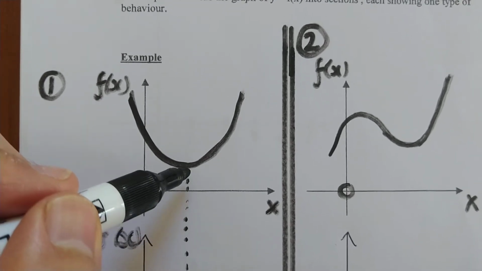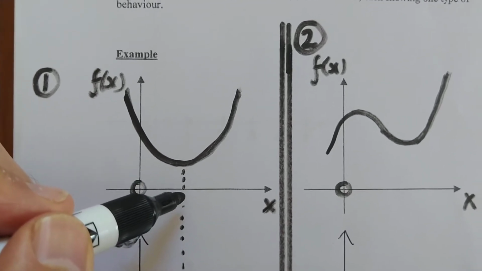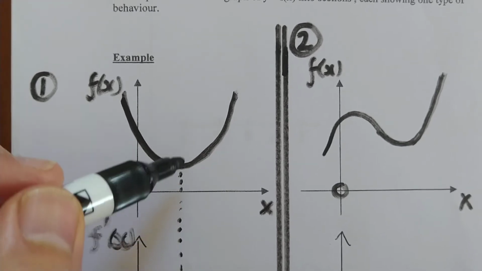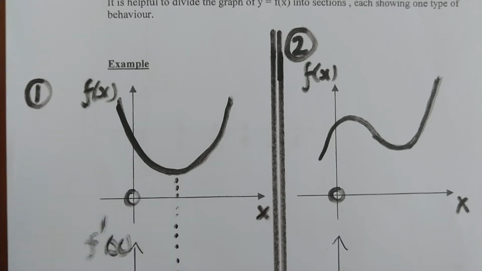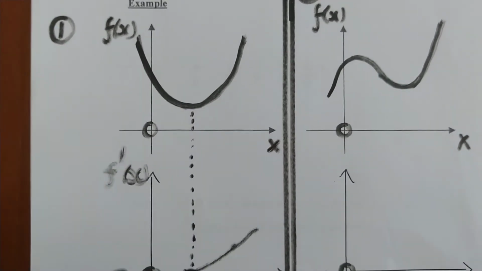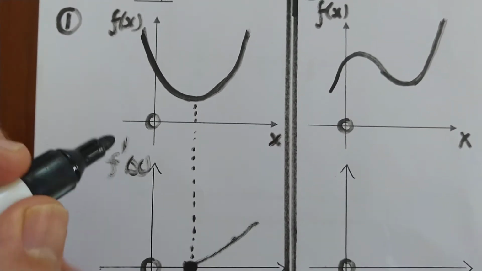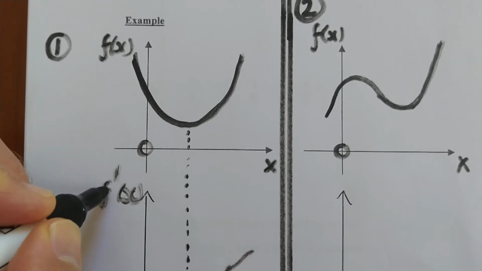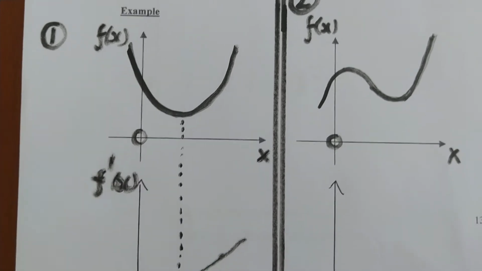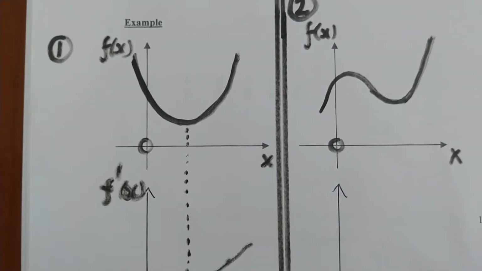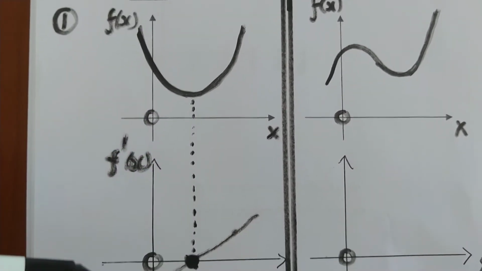I've not even identified either the x coordinate or the y coordinate of this stationary point. I don't know any coordinates on this graph at all. I just have the shape. On my derived graph, instead of f of x, we have f dash x. So it's a measure of the gradients of this graph down here.